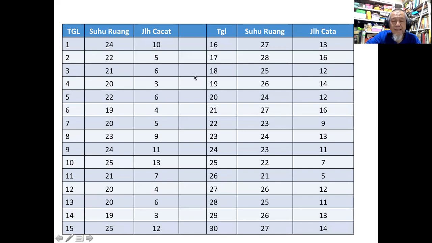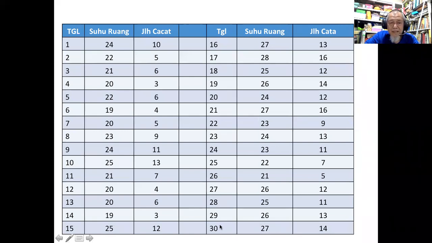So here is the record of the 30 days of the average room temperature every day. On the first day, the room temperature on average is 24 degrees Celsius, and the number of defective products is 10. So here is the independent variable, the average room temperature every day for 30 days.